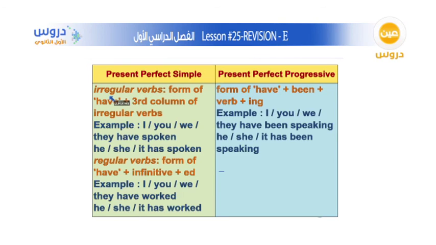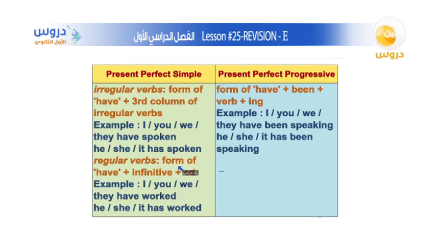Before getting into the differences here, let's have the form of these two tenses. The present perfect simple, irregular verbs: form of have plus the third column of the irregular verbs, which is verb 3. For example, I have spoken. You have spoken. We have spoken. He has spoken.